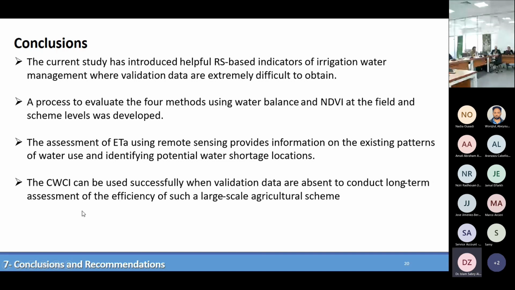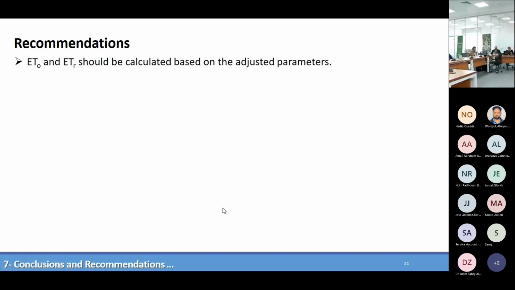The crop water consumption index is one of the successful indices that we have validated when we don't have long-term data, especially for large-scale agricultural schemes. Of course, we cannot manage what we cannot measure.